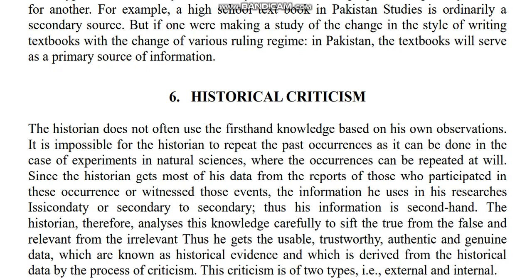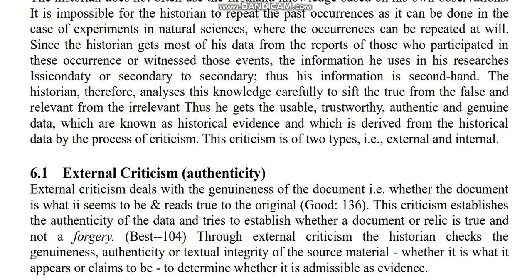The criticisms are of two types: external and internal. External criticism deals with the genuineness of the document, for example, whether the document is what it seems to be and reads true to the original. The criticism establishes the authenticity of the data and tries to establish whether a document or a relic is true and not a forgery.